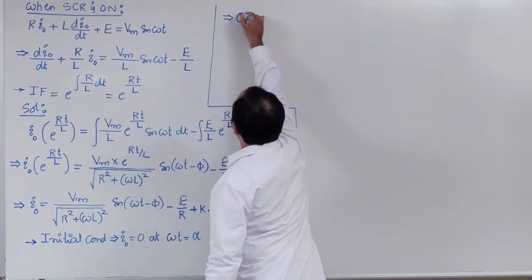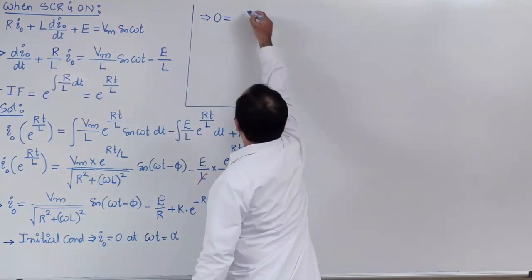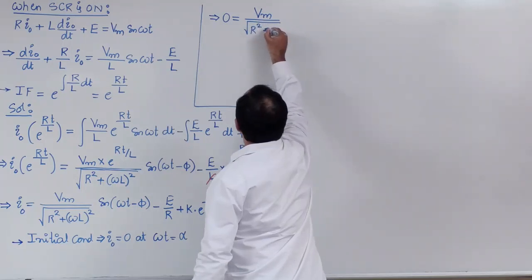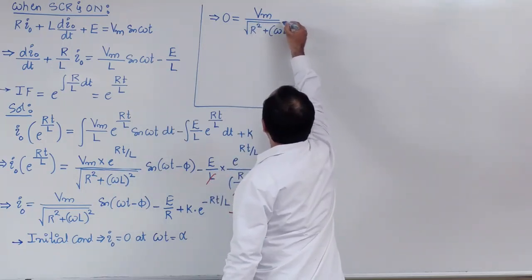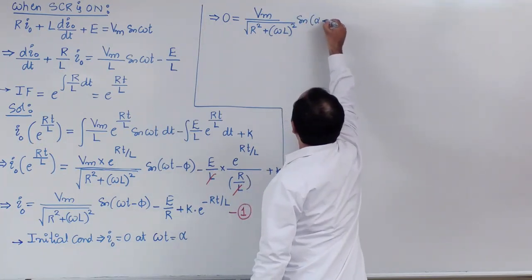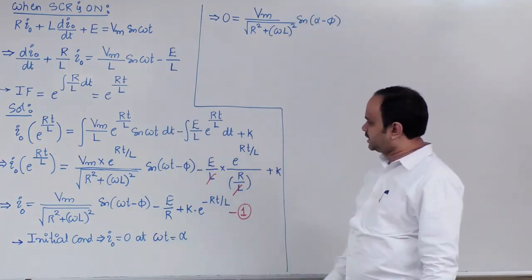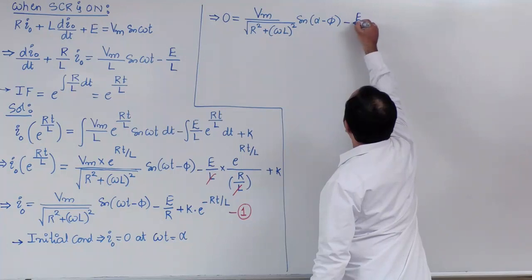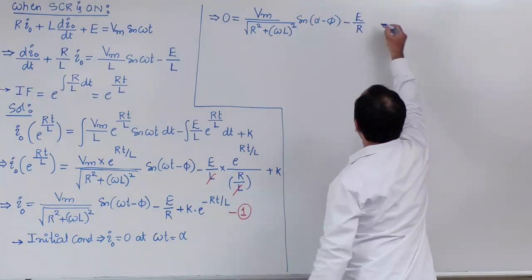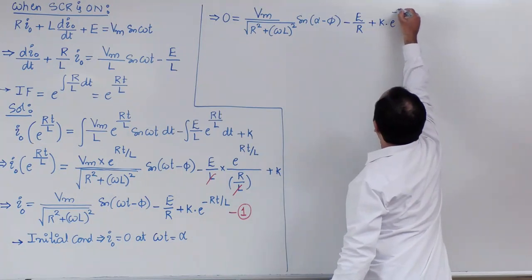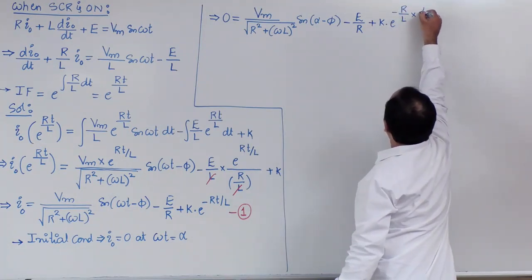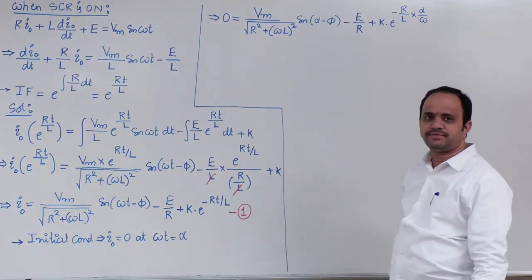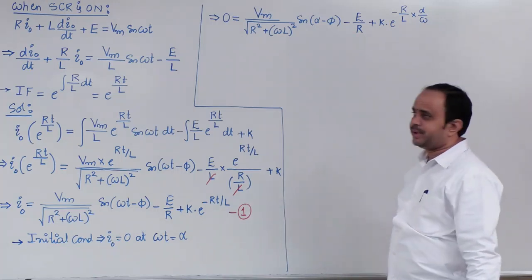Left hand side 0, right hand side Vm divided by square root of r square plus omega L whole square multiplied with sine of alpha minus phi minus E by R plus K into e power minus R by L into alpha by omega, because omega t is equal to alpha means t is equal to alpha by omega.